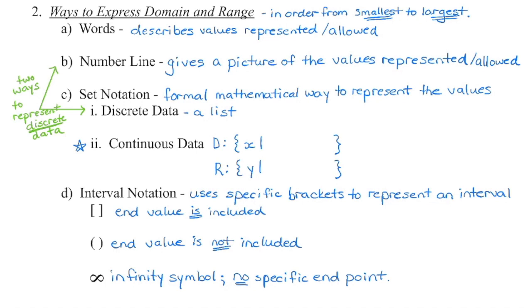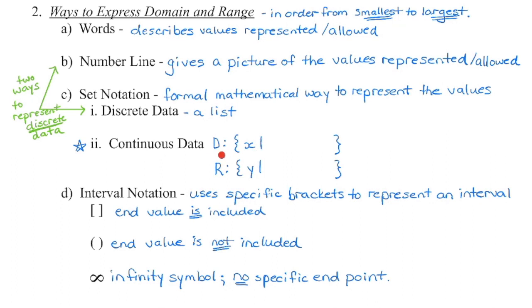And continuous data, this is the one that comes up most frequently. In set notation, we always start with the way that you read this. So I'm going to read this to you the way that you would see it. It's the domain is a set of, so those braces, we say a set of x values, and this vertical line means such that.